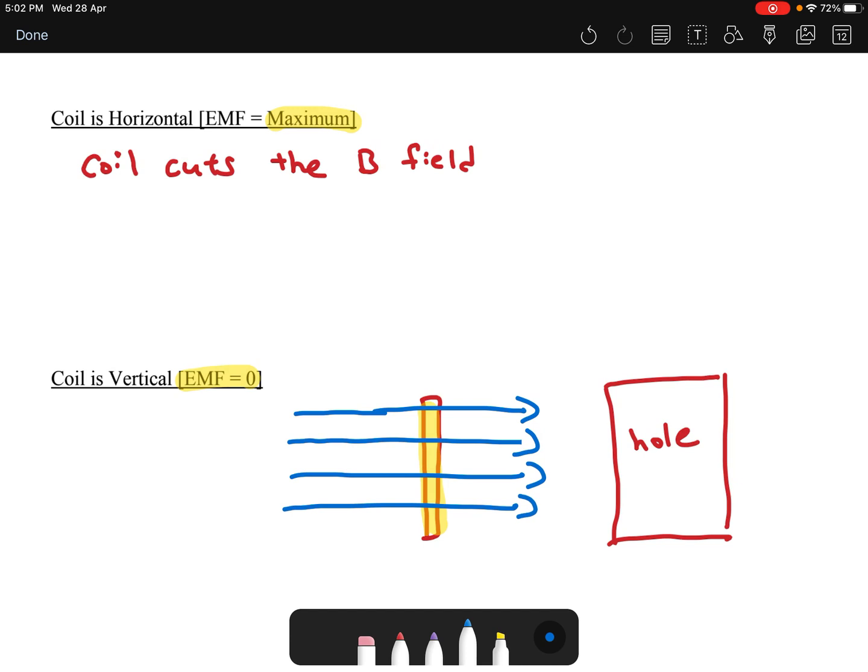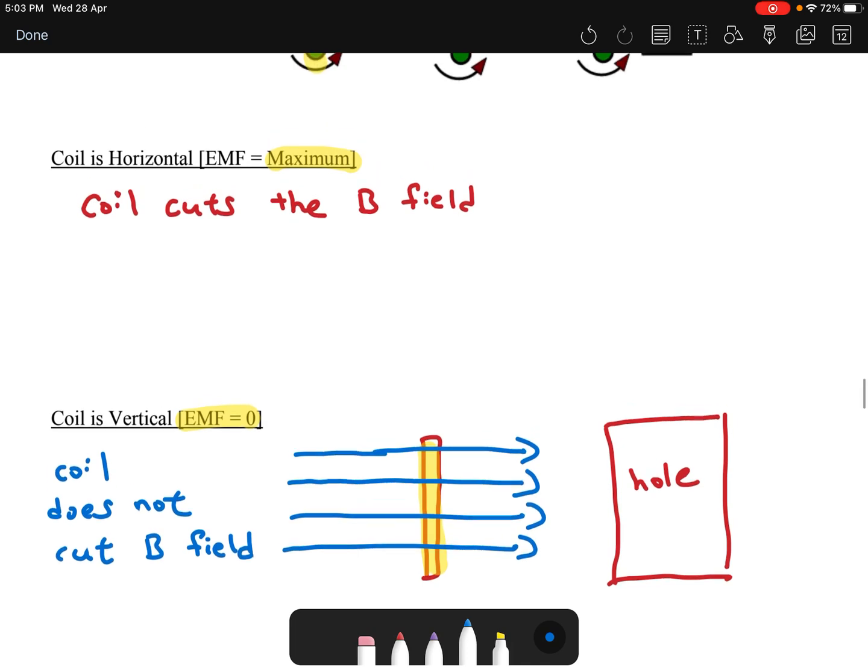So that's why in your vertical orientation, where the coil is vertical, your EMF induced is zero, because the coil does not cut the B field.